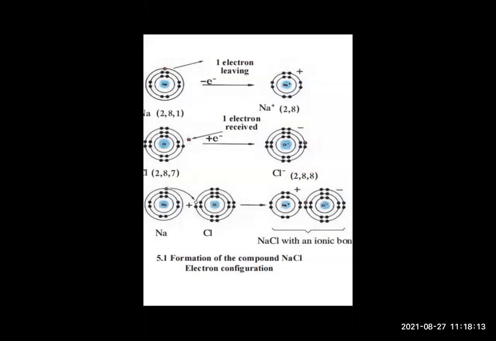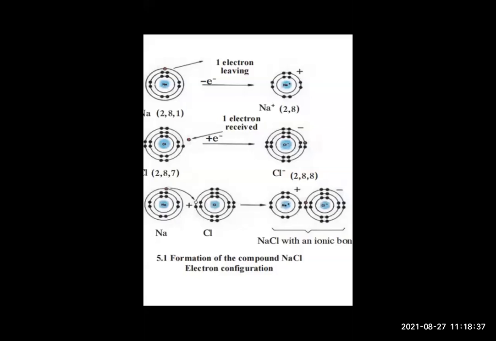So an electronic configuration with a complete octet indicates what? A stable state. Further, an ionic compound is formed between oppositely charged sodium and chloride ions, and therefore the ionic compound NaCl having very high stability is formed.